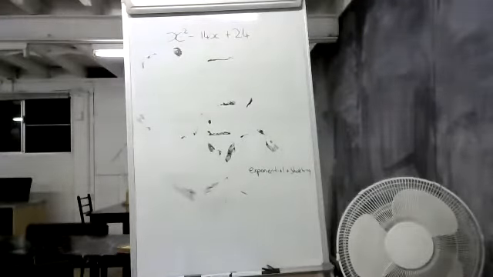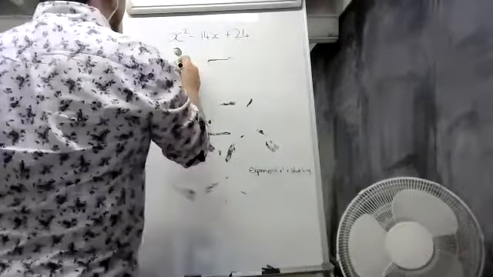So now that I've flipped around the signs, what will we have? Would it be X take 2, X take 12? Perfect.